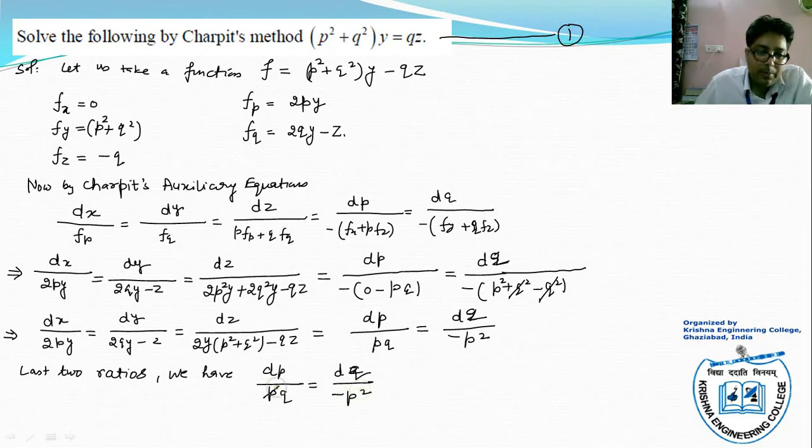Here p is cancelled out, and applying cross multiplication we have p dp plus q dq is equal to 0.